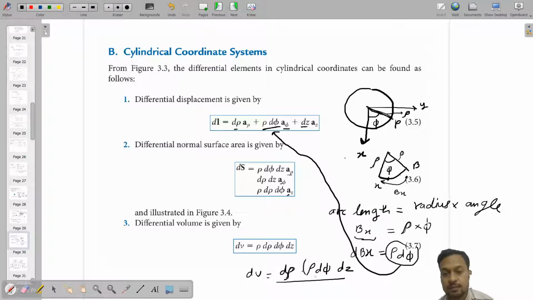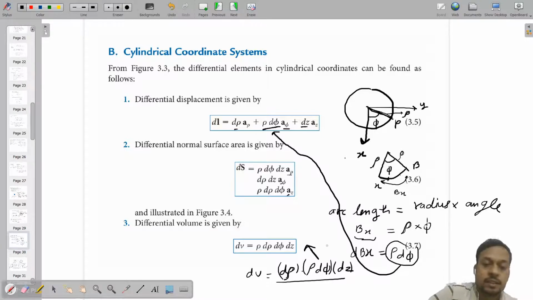This can be written as rho d rho d phi dz. So these are the differential length, the differential surface, and the differential volume in the cylindrical coordinate system.